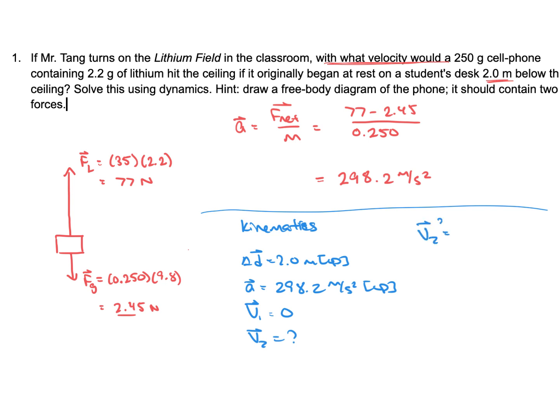So you have to go all the way back to kinematics. I'm just going to write out the equation that's going to work out. One term is 0, cross it off. Looks like I just need to square root this.